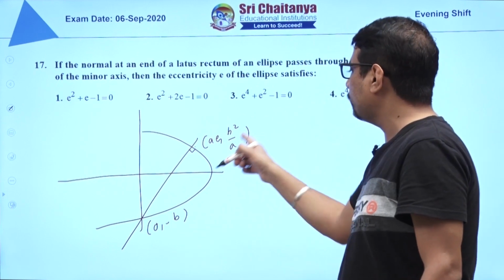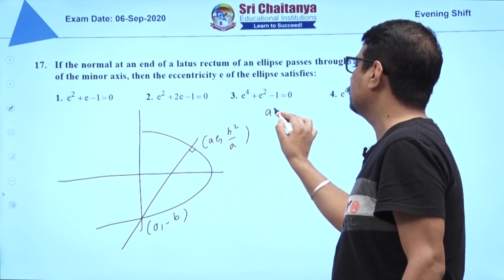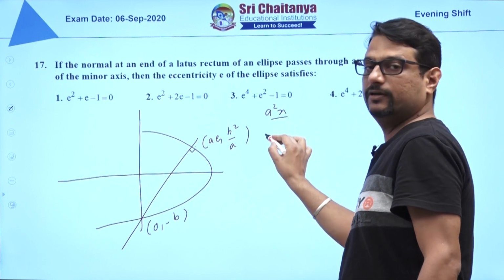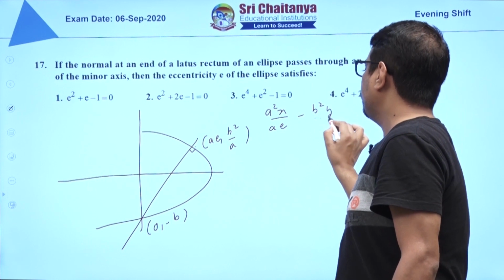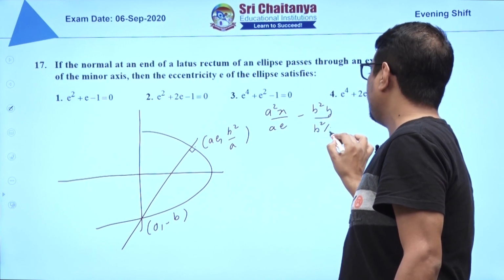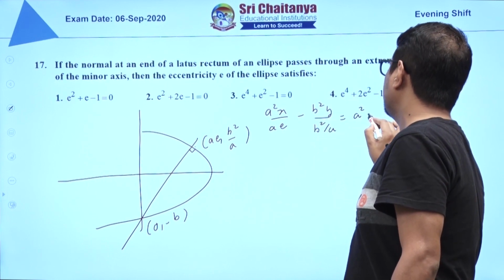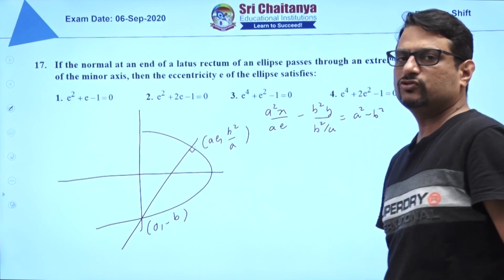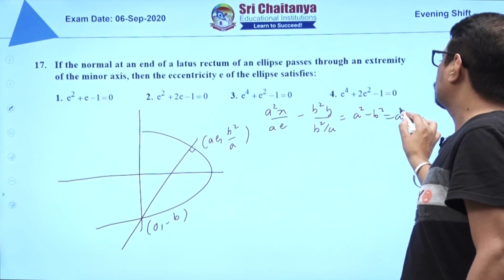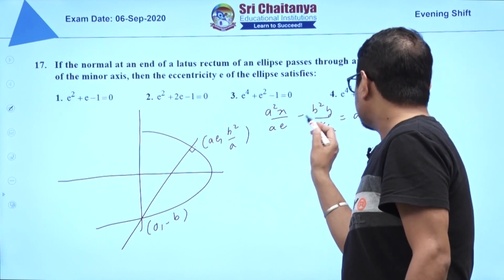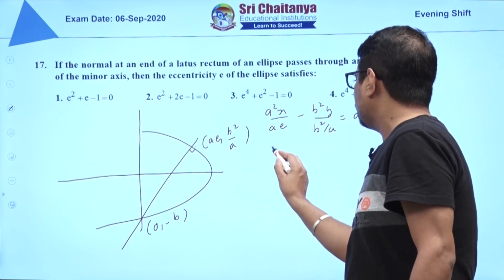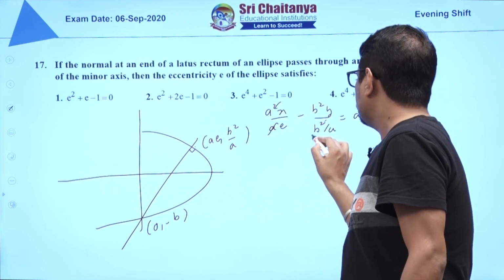So the equation of normal at this point is given by a square x by x1, which is ae, minus b square y by y1, which is b square by a, is equal to a square minus b square. A square minus b square you can also write as a square e square. So a will cancel here and b square will cancel here.